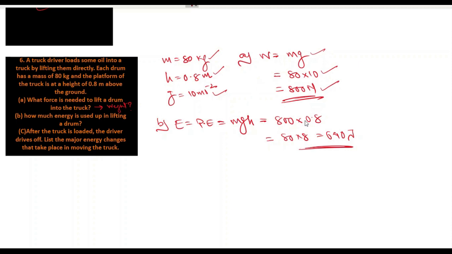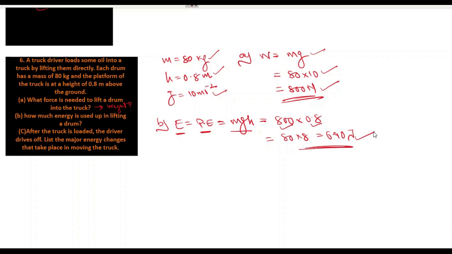And also how much energy is used up in lifting a drum. So energy used in lifting the drum is equal to potential energy stored in it, which is equal to mgh. So mg is 800 into h is 0.8, that is 80 into 8 or 640 joule. After the truck is loaded, the truck driver drives off. List the major energy changes that take place in the moving truck.